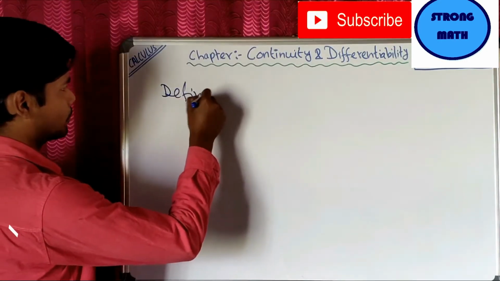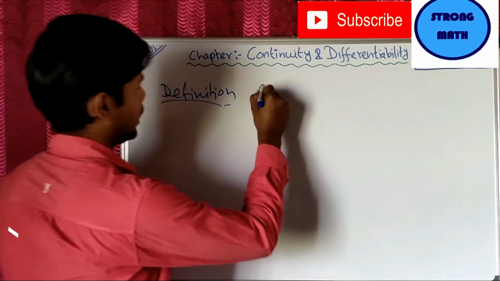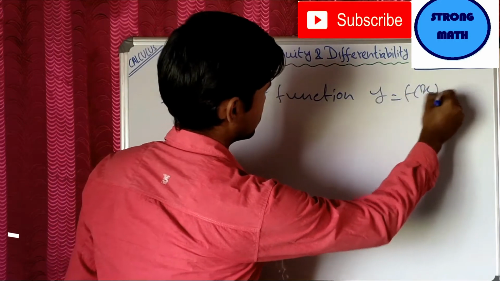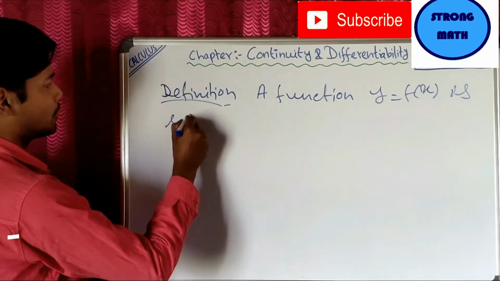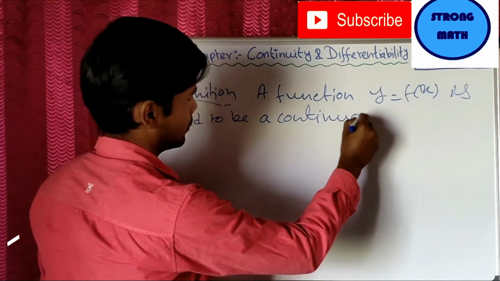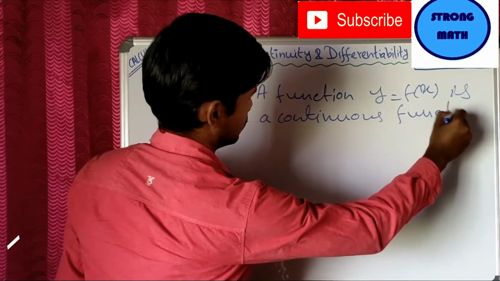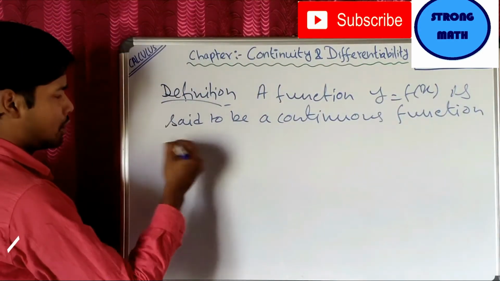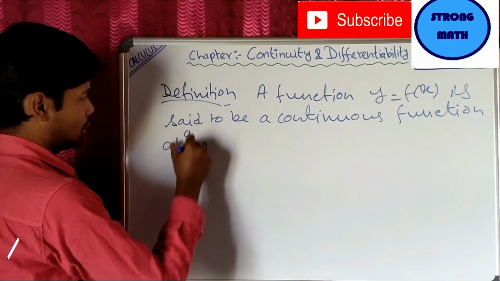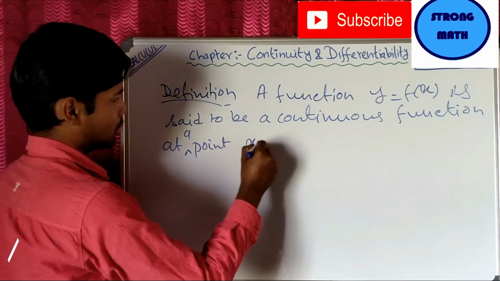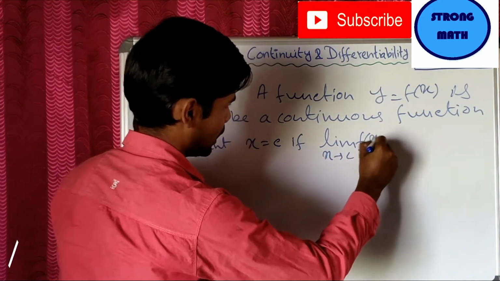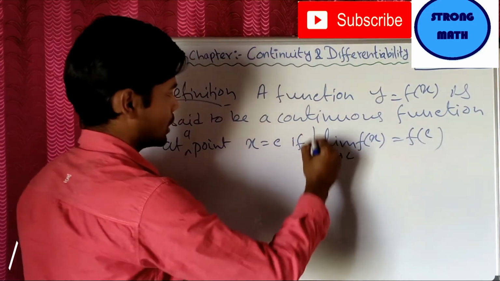So the definition: a function y equals f(x) is said to be continuous at a point x equals c if limit x tends to c of f(x) equals f(c).